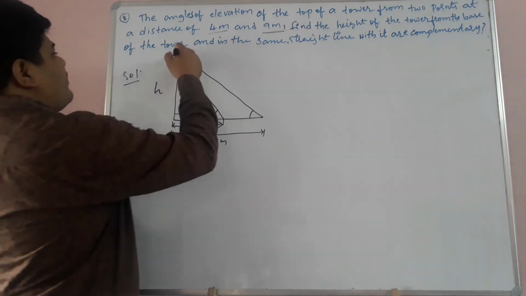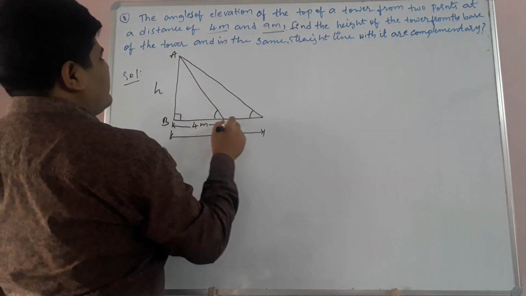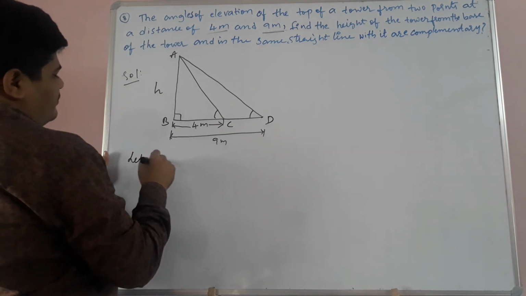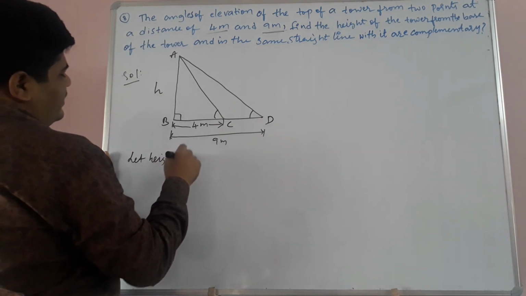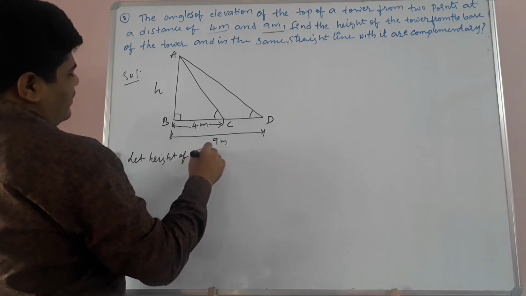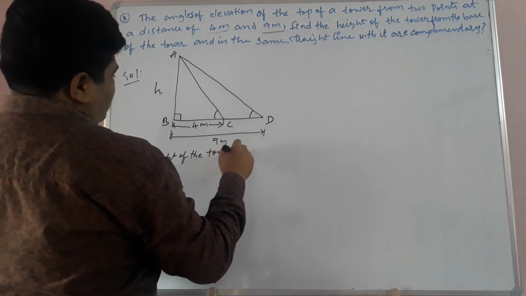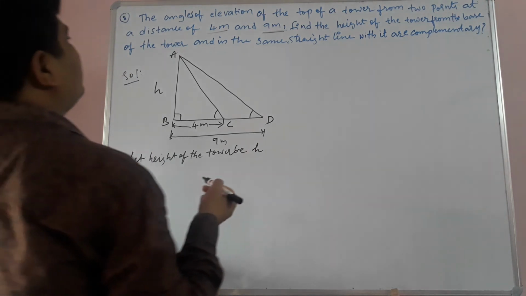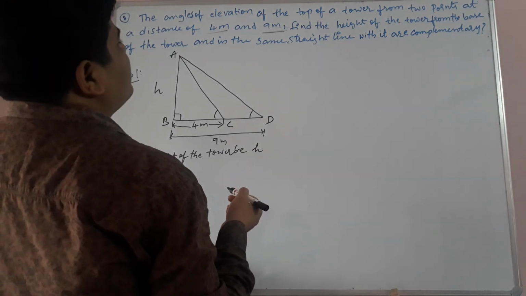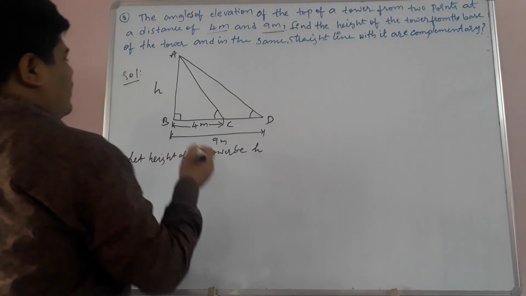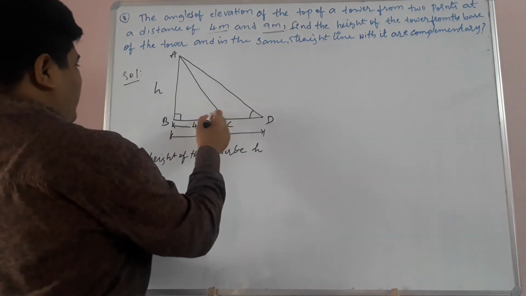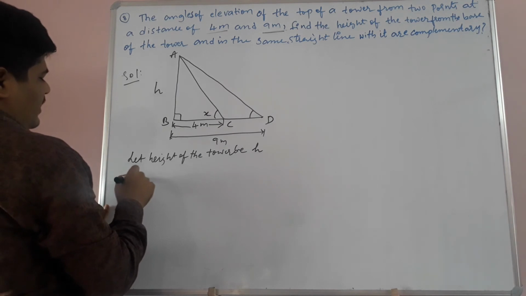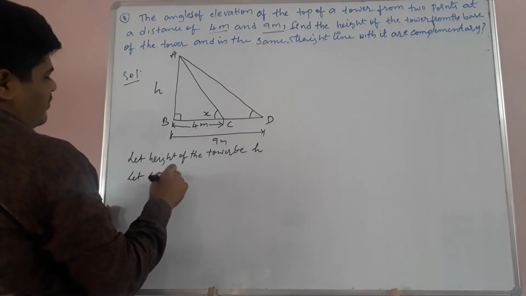So children, first I will name the points A, B, C, D. Let the height of the tower be h. Now I am taking angle BCA as x. Let angle BCA be equal to x.